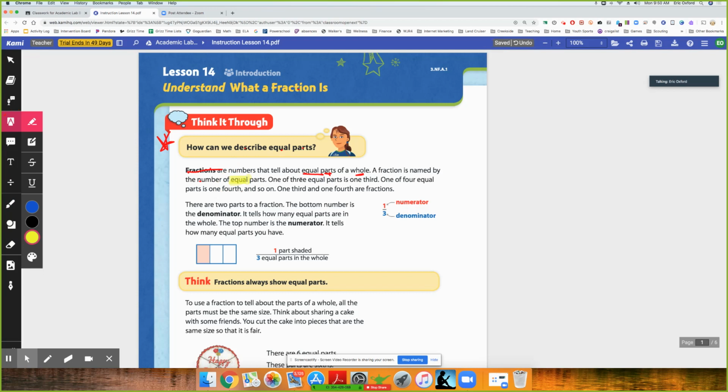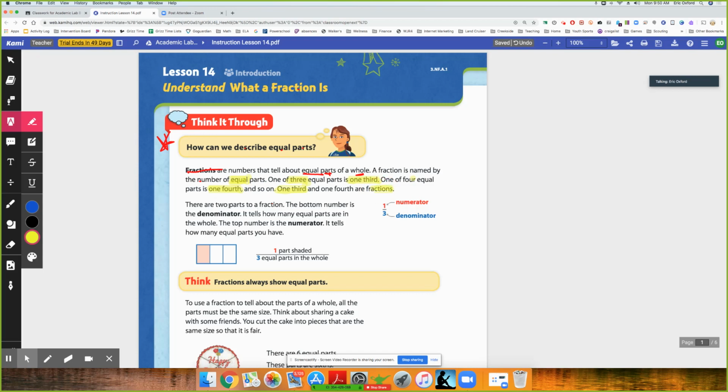Okay, so one of three equal parts is 1/3 right here. That's how we say that. One of four equal parts is 1/4, and so on. 1/3 and 1/4 are fractions.